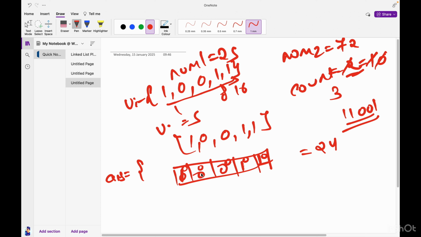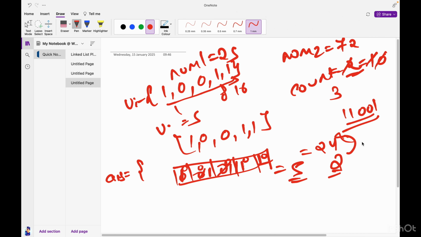Only unset bits are there. So 1 and then 1. This will be the order. We will traverse all the bits in this array and find the minimum value, which can find out the minimum XOR. Okay, but this would be the case if we have to make a number of 5 set bits. We have just to make a number of 2 set bits, which is 24. I hope this is clear.